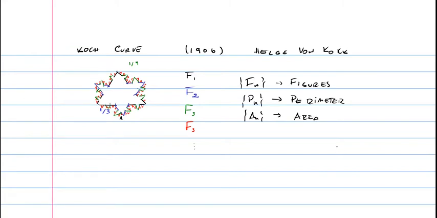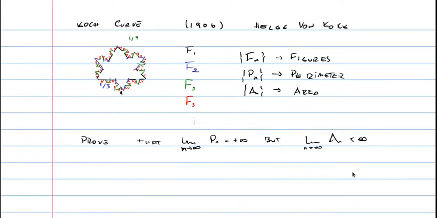So what we're going to do in this video is prove that the limit of the perimeter when n tends to infinity is infinite, but the limit of the areas A sub n is not infinite. So what this is telling us is that we have a bounded figure with infinite perimeter.